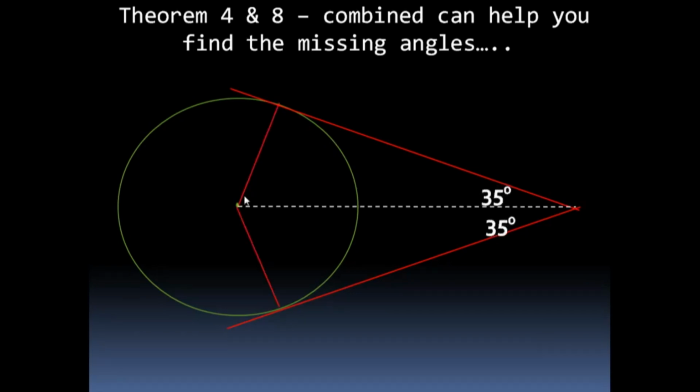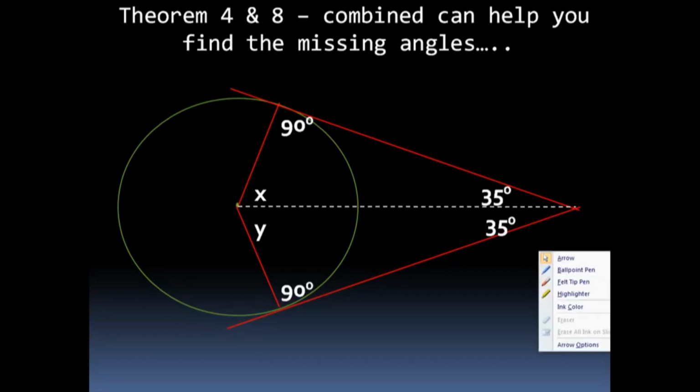Now, theorem 4 is where the radius meets a tangent. Can you remember at what angle the radius meets the tangent? At 90 degrees. So the radius meets the tangent at 90 degrees. So how would we find this angle right here? Can you figure it out? Let's check it out. What we know so far is that we have that four-sided shape now divided into two triangles.